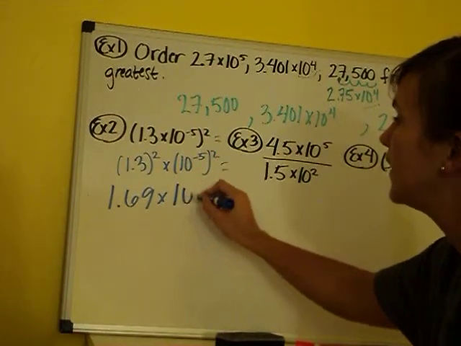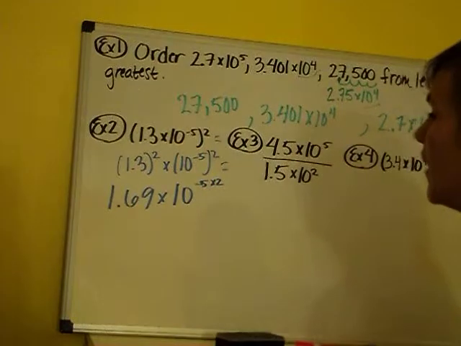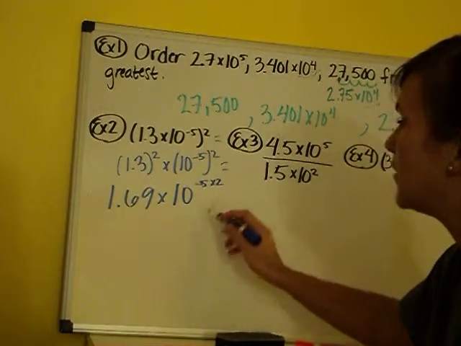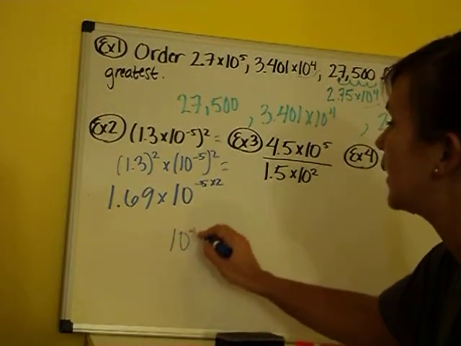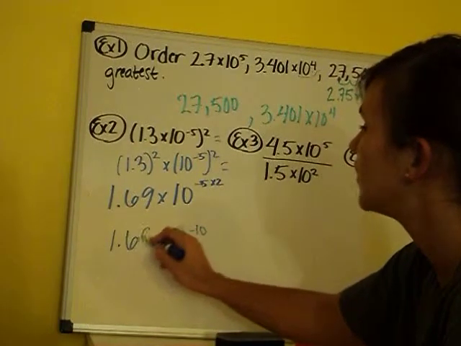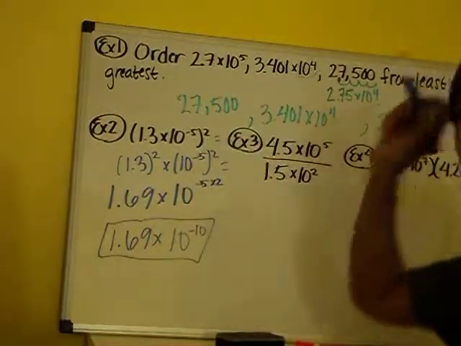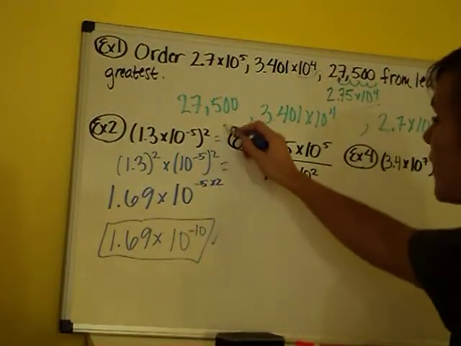That means that we take those exponents and multiply them together. Negative 5 times 2 is a negative 10. So our final answer is going to be 1.69 times 10 to the negative 10. Boom.